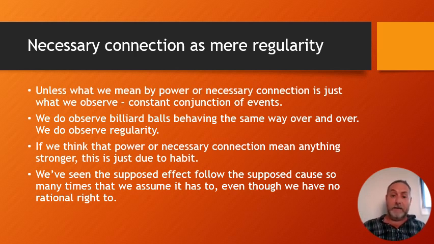So the question is, what is our concept? Is it just regularity? If we think it's any more than that, then we're wrong. But if we say, all I ever meant by necessary connection is just that it's very regular, I've observed it over and over, then that would be fine for Hume because we do observe that. So that's what we'll see in the next reading.